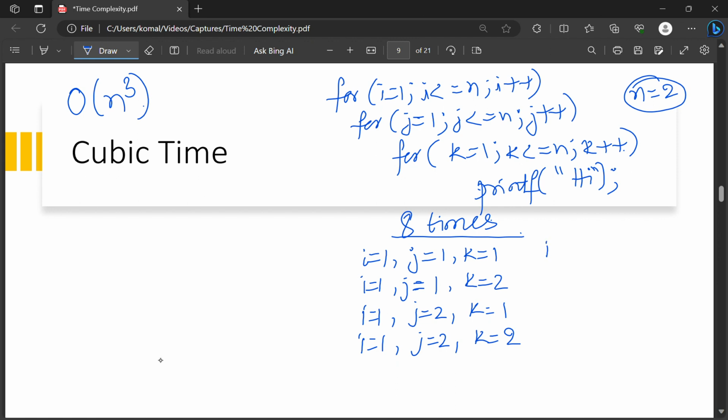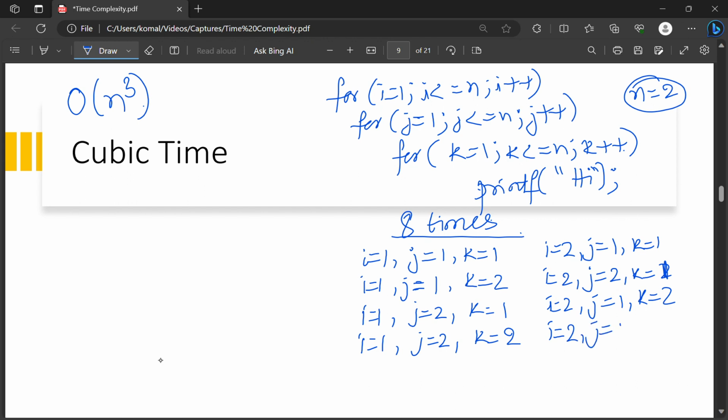And other possibilities are i equal to 2, j equal to 1, k equal to 1, and so on up to i equal to 2, j equal to 2, k equal to 2.